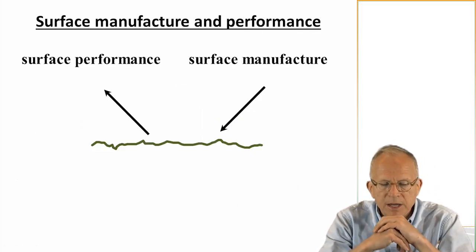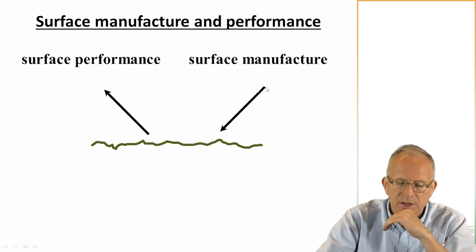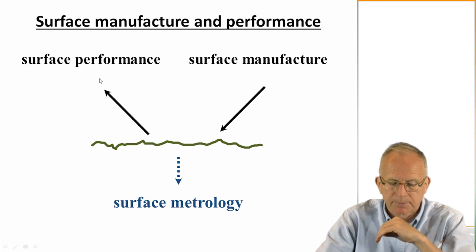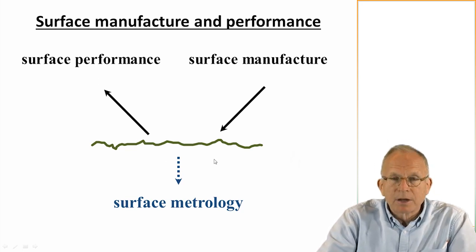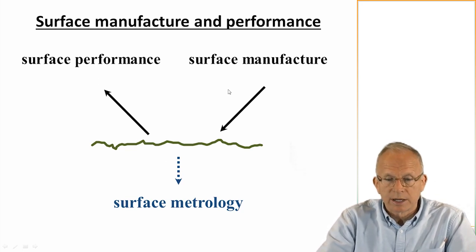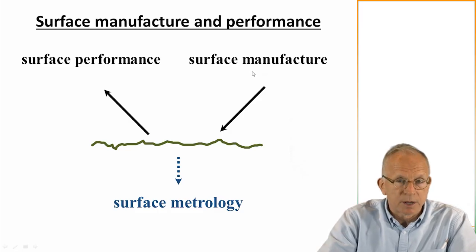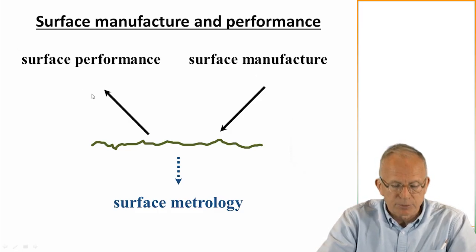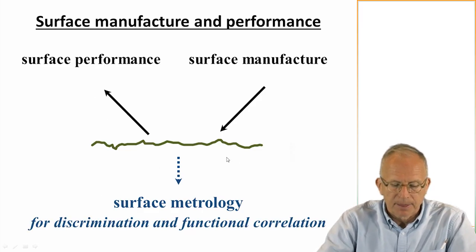Now, surface manufacture and performance. The surface manufacture influences the surface roughness, and the surface roughness influences the performance. So measurement of the surface and trying to correlate or differentiate different kinds of manufacturing processes, or correlate with or differentiate different levels of performance, this is the job of surface metrology.